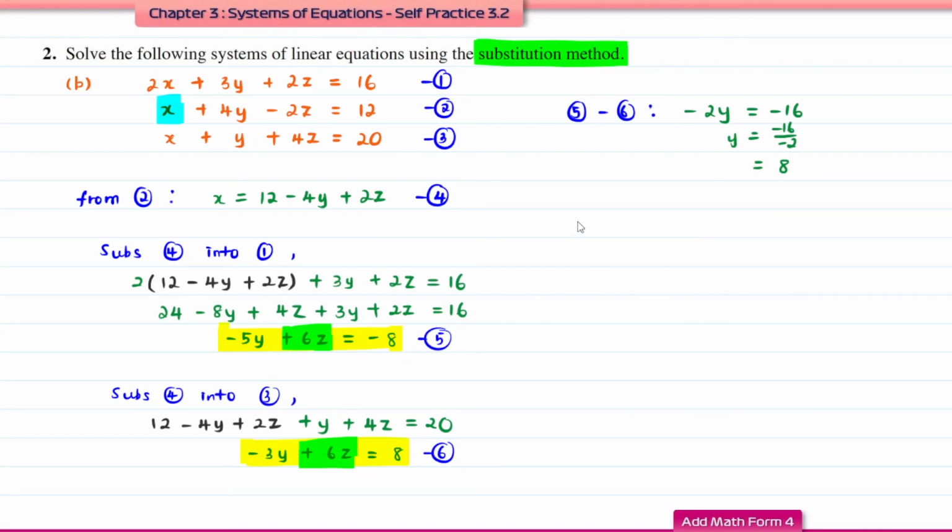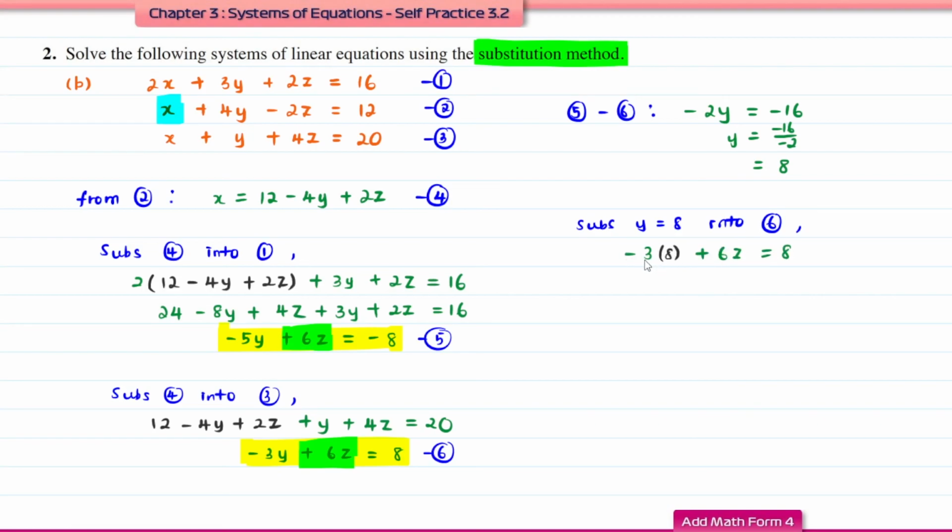So next, I'm going to substitute y equal to 8 into either equation 5 or 6. So here I'm just going to choose equation 6. So negative 3y. So the y, I'm going to substitute it with 8, plus 6z equal to 8.